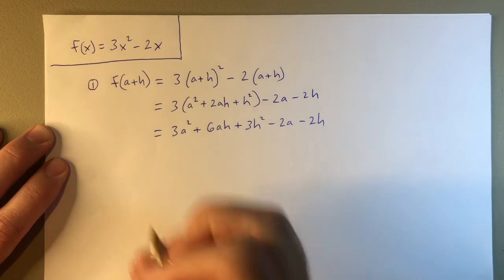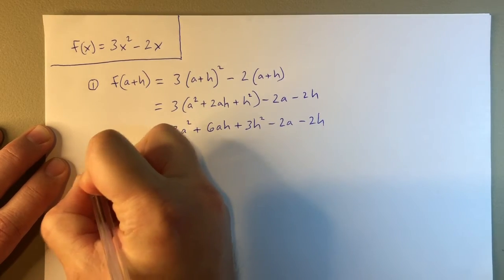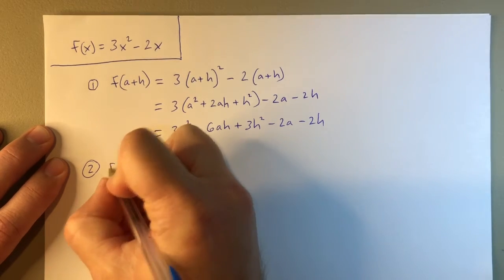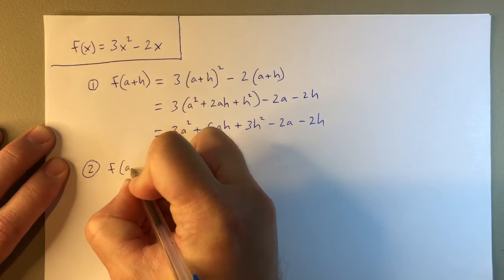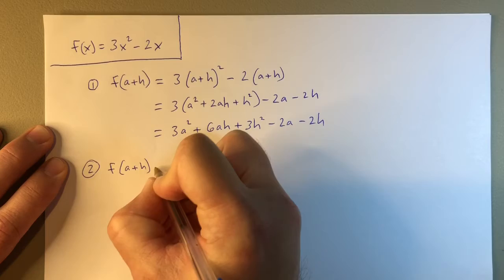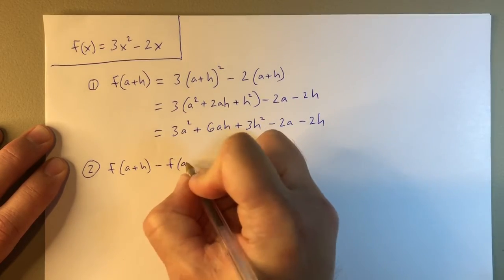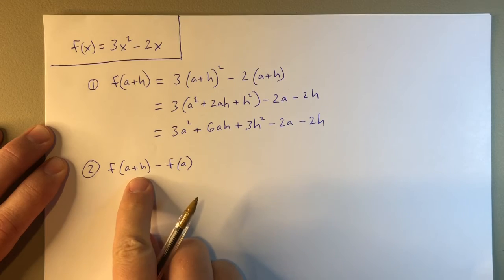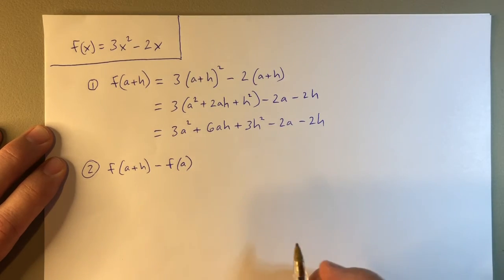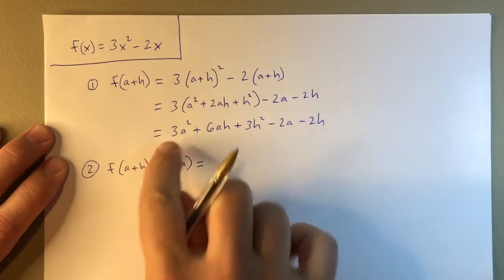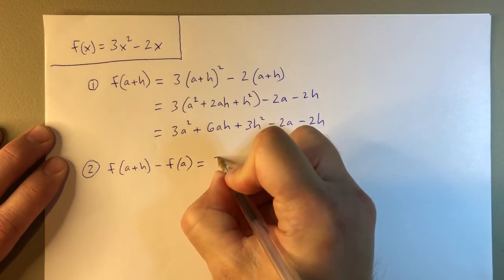The next thing we want to do, if we're doing this three-step process to determine our difference quotient, is to now find what this would be equal to: f of a plus h minus f of a. Well, we already have this, so just basically copy and paste what you just had.